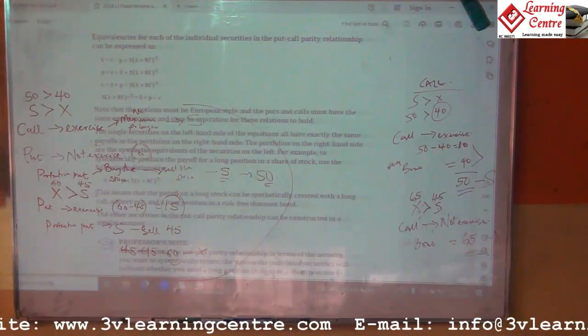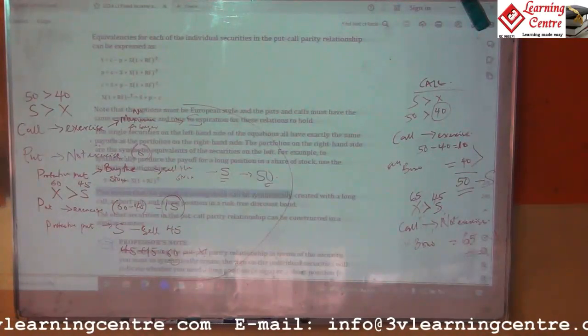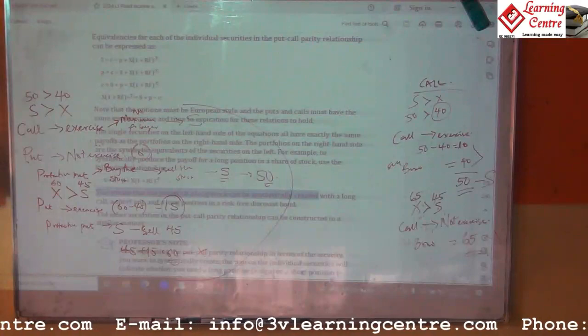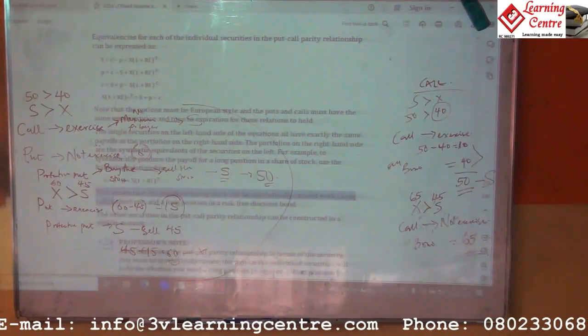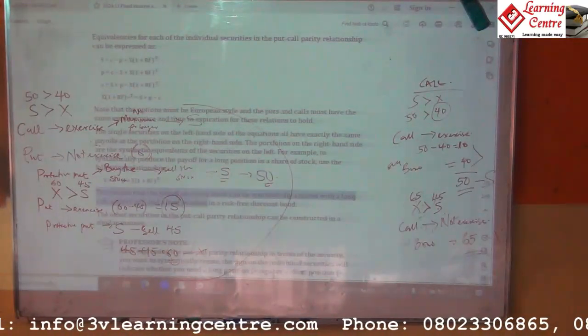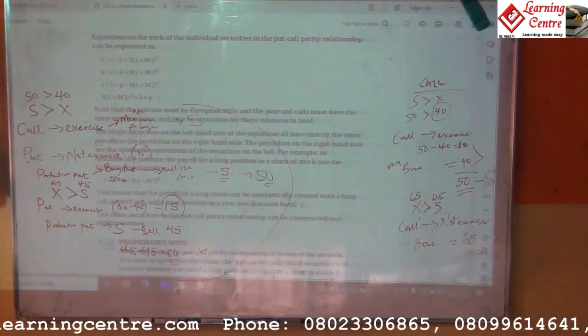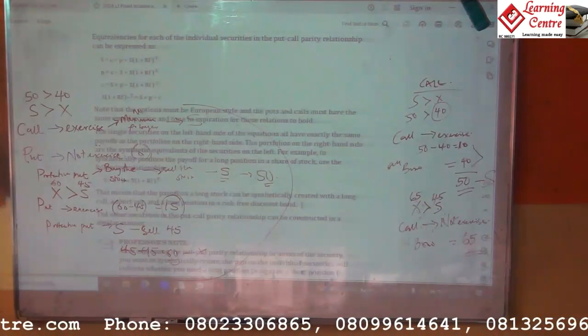So in other words, this means that the payoff on a long stock can be synthetically created with a long call, a short put, and a long position in a risk-free discount bond. What that means is, remember you are trying to balance it.